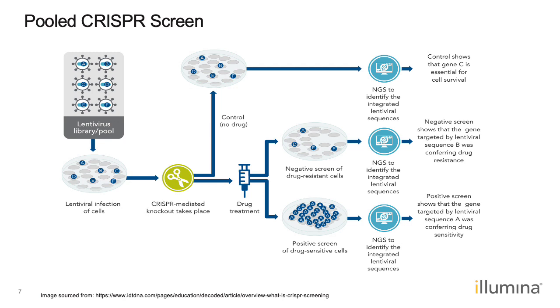In a positive screen, the main goal is to really identify cells that are going to survive your selection pressure. In other words, in this case, most cells will actually die, and you will be left with a few remaining populations of cells that are going to survive that positive selection pressure, which you can then identify via Illumina sequencing by the presence of DNA detected encoding the guide RNAs conferring to the particular knockouts present.